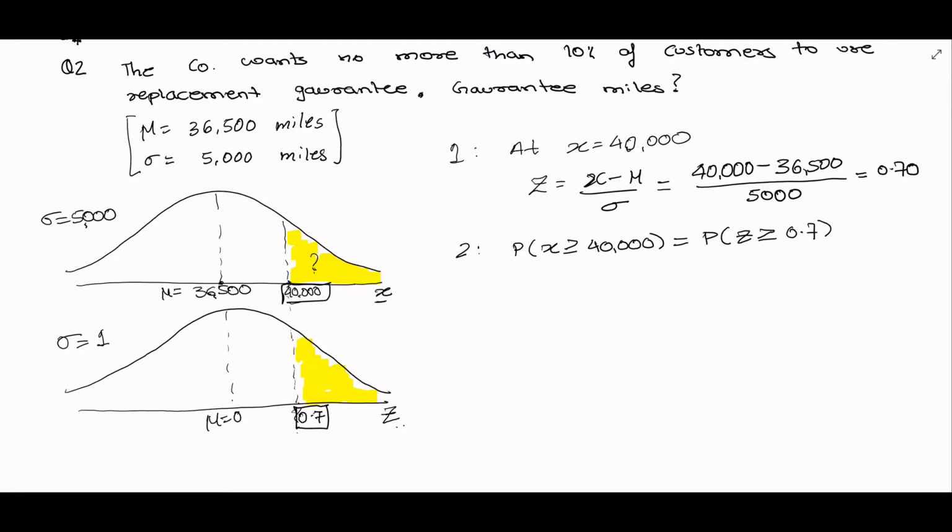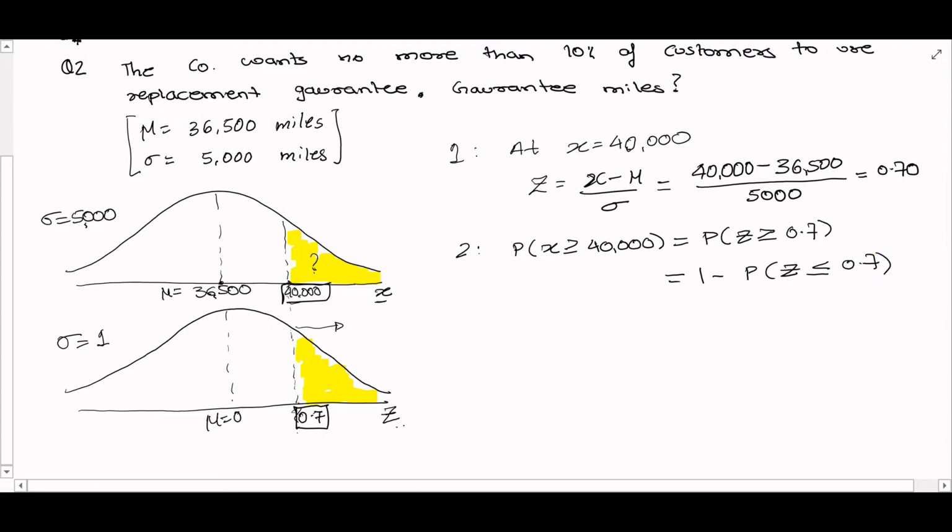As you would recollect from the other video that I have on reading this table, the standard normal distribution table always gives the area to the left of some point, and so we are interested to find out the area to the right of 0.7, which will be nothing but 1 minus the probability that z takes a value less than or equal to 0.7, right?